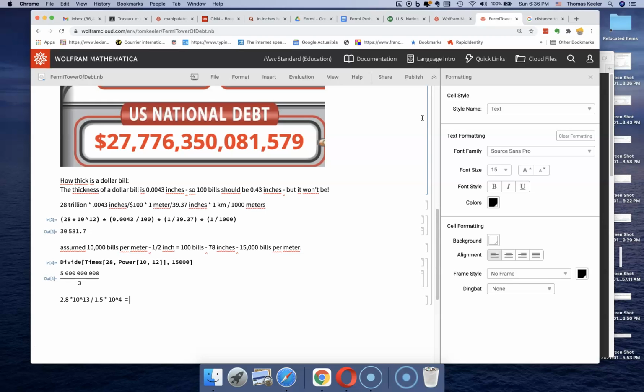So what does that equal? We just divide 2.8 by 1.5, which is about 1.7 times 10 to the 9. Okay, so billions. So 1 billion kilometers. It's a really big amount. So I was wrong in what I had before, and I underestimated.